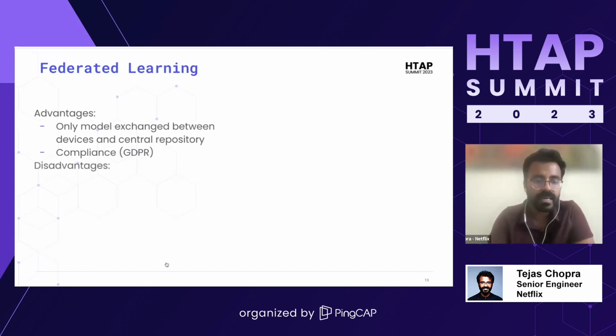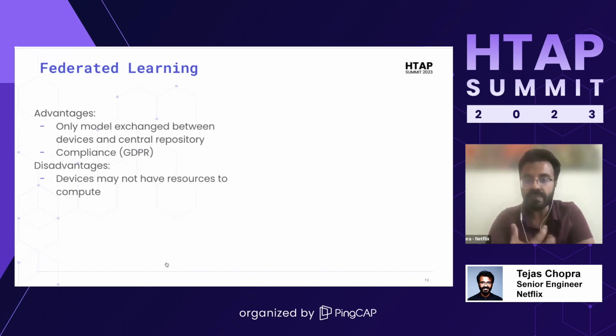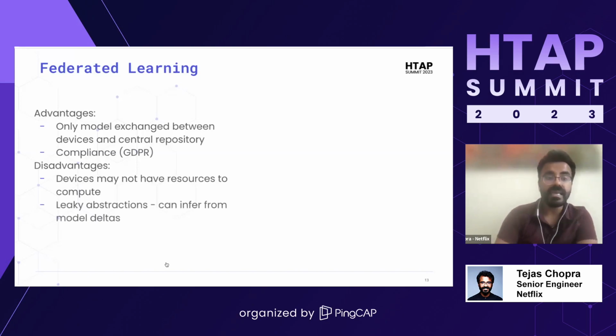However, there are some downsides as well. Not all devices are created equal. Some devices may not even have the resources to run those machine learning models and compute. And also there are leaky abstractions here, because even though you are sending back just the parameters, some agent can sniff these parameters and infer the characteristics of the model.